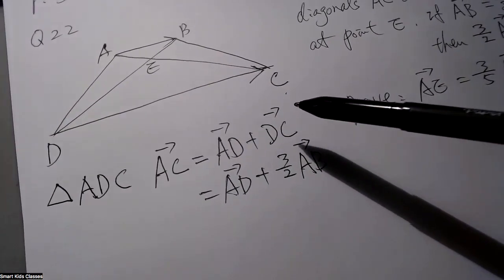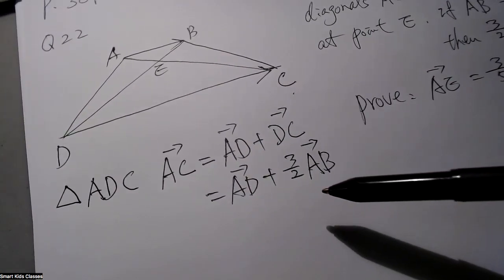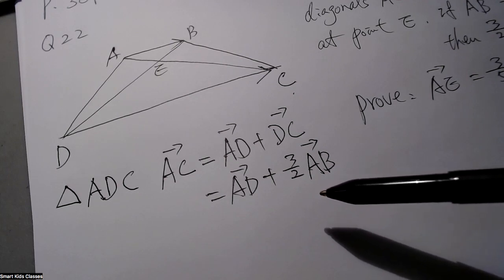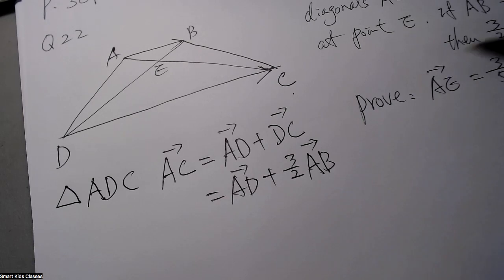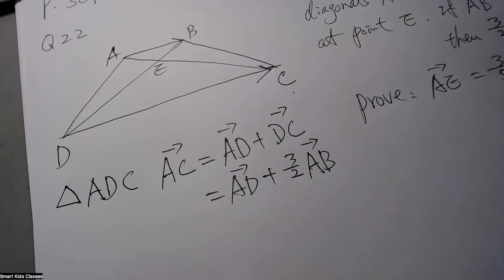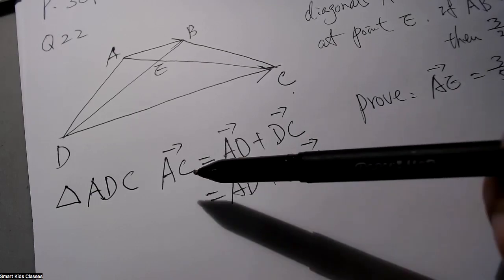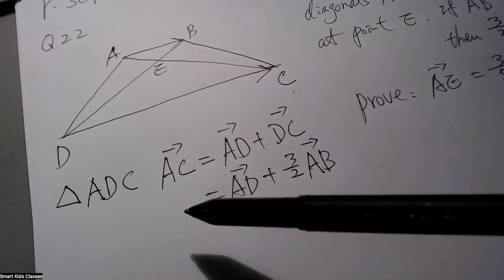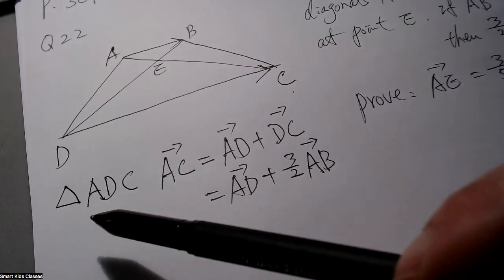Now we're going to write another vector equation for the line AC. For this one, we don't need to look at a triangle.